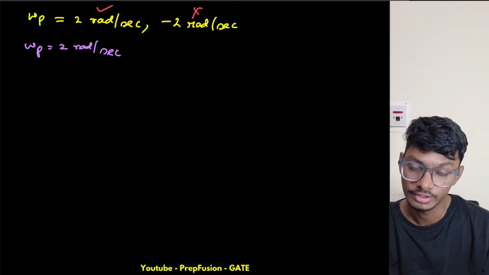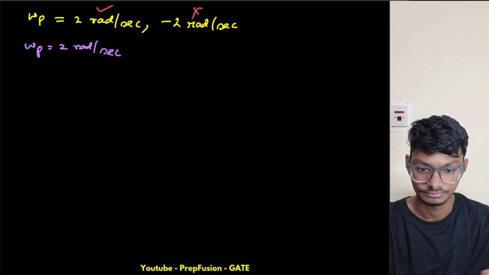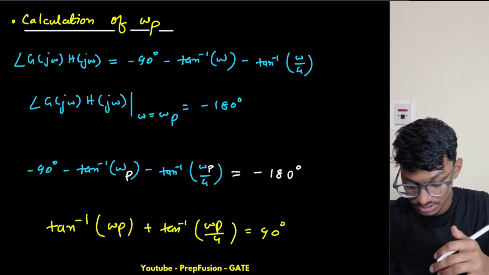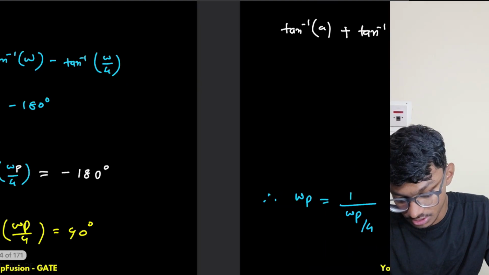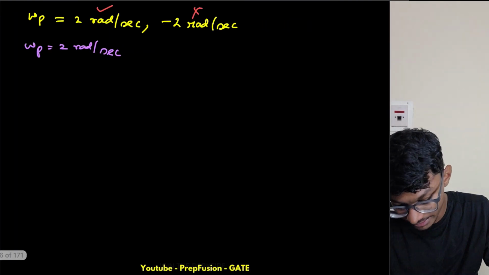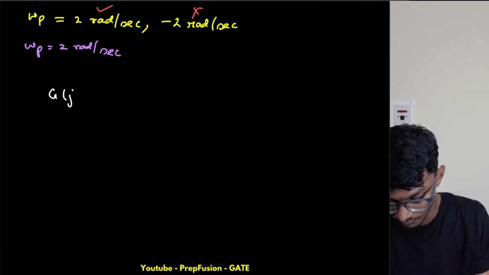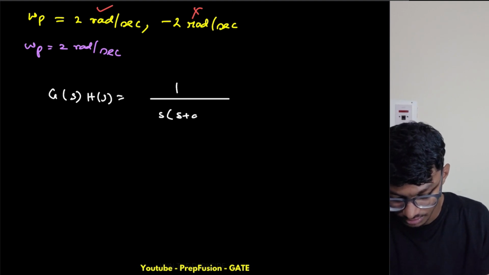Or what you can do is memorize a few things. This is the second method that we used to solve it; there is some other method also that I solved in the previous question. Memorize that if I have a transfer function like g of s into h of s equals 1 by s into (s plus a) into (s plus b), then my phase crossover frequency omega P will simply equal the square root of ab.